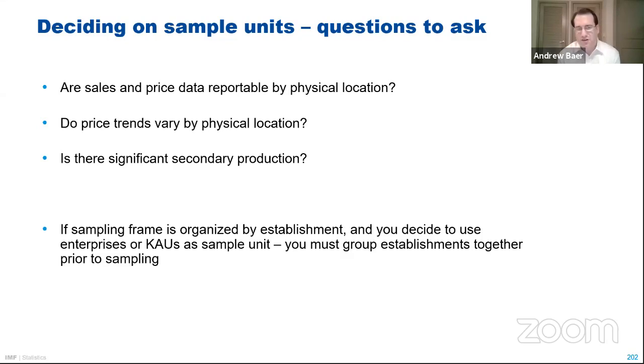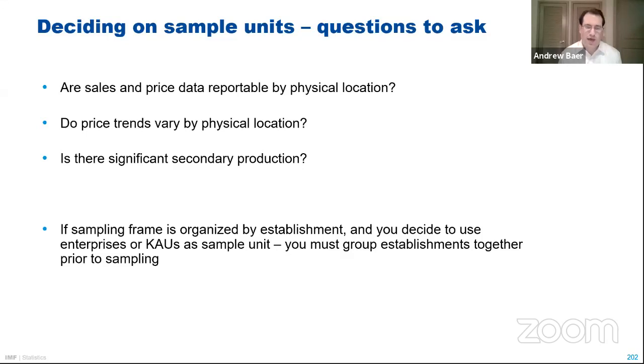And finally, is there significant secondary production? Because we know if there is significant secondary production, we may want to create kind of activity units so we can collect the specific activity only when we go to visit the company.